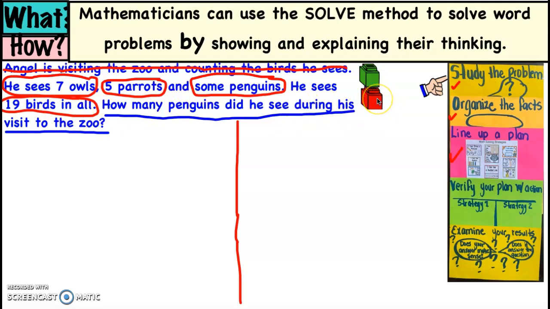So I'm going to use 19 counters to represent the 19 birds that he sees. So that's 1, 2, 3, 4, 5.